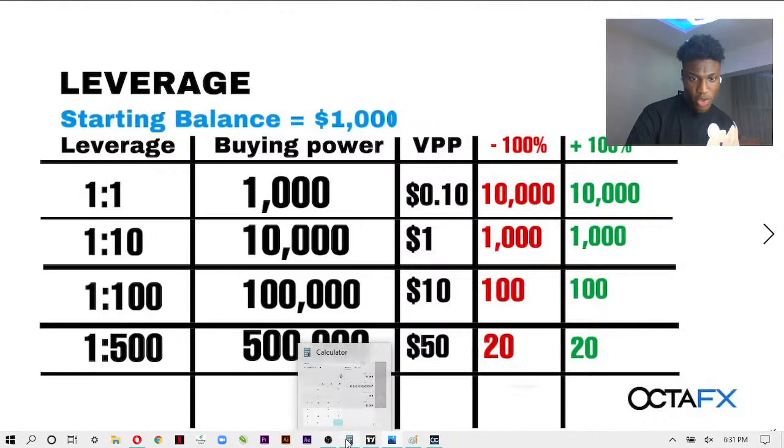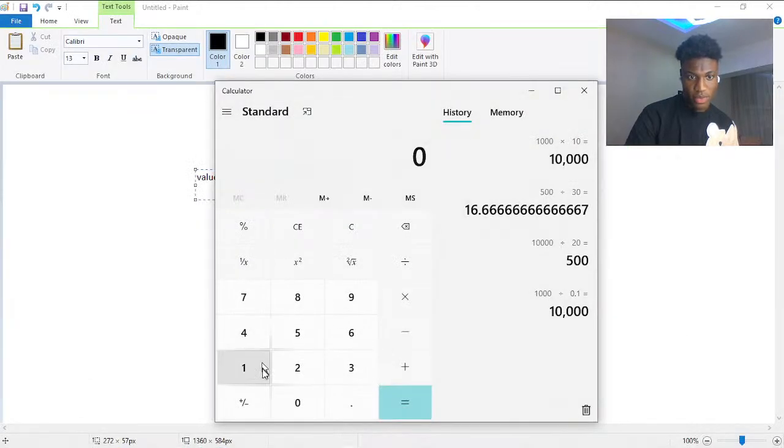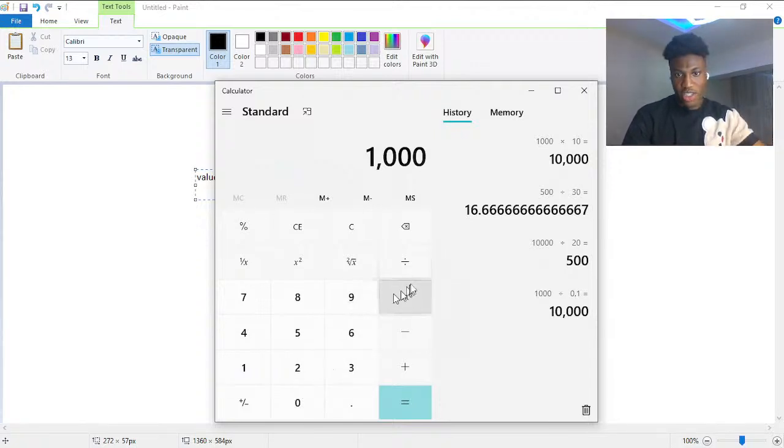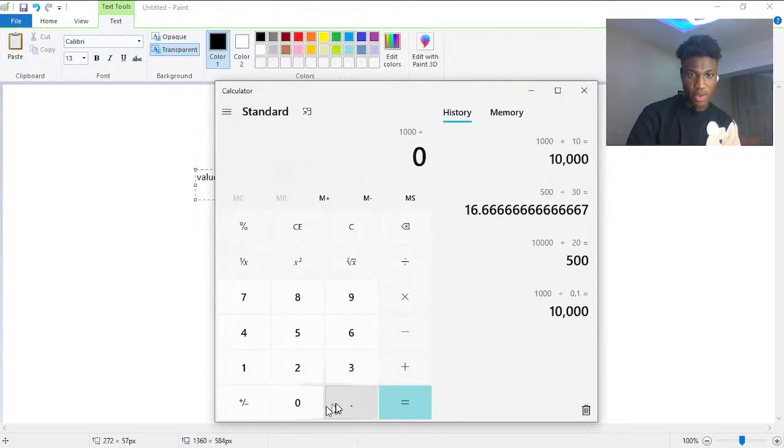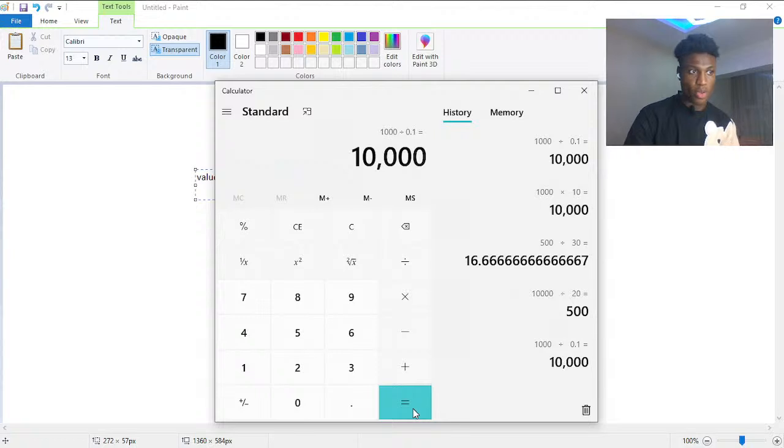Okay, so back to the calculation. For the 1-to-1 leverage, the starting balance was divided by the value per pip to get the amount of pips you will be required to make in order to double your trading account.